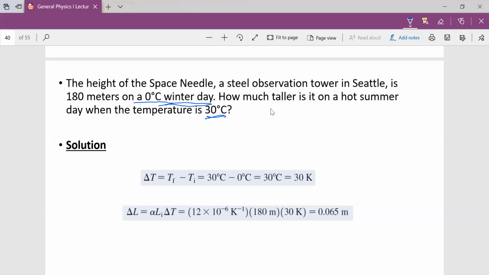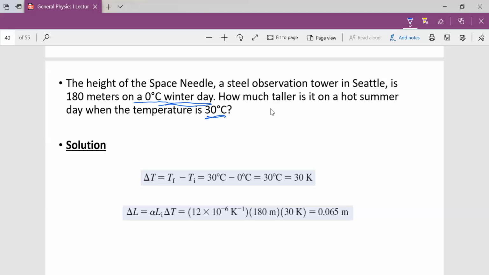So we see, because this expansion and contraction is factored into construction, when they are constructing bridges, when they're making towers, when they're building the house, they factor this, what happens when it's winter and what happens when it's summer, because changing this temperature affects this material in terms of expansion and contraction.